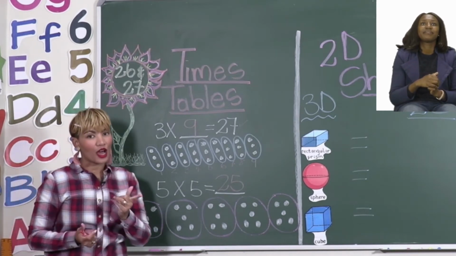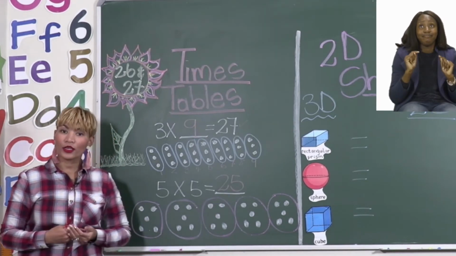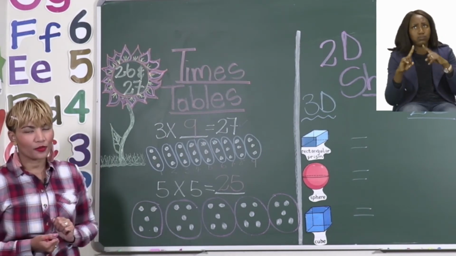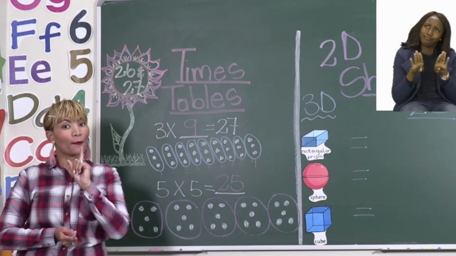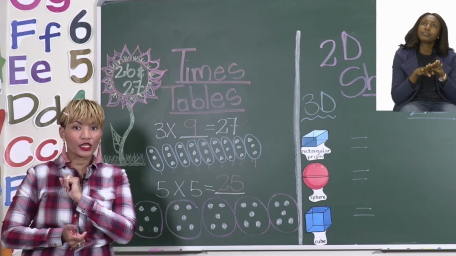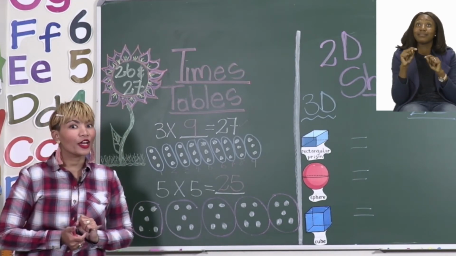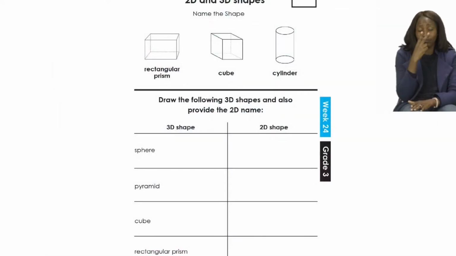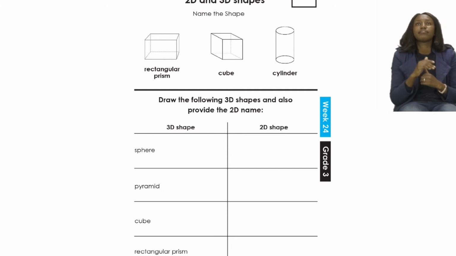Right. Now, boys and girls, we want you to complete all the other sums that you have on page 26. But before you continue, let's quickly turn our booklets to page 27. Now here we are dealing with shapes.